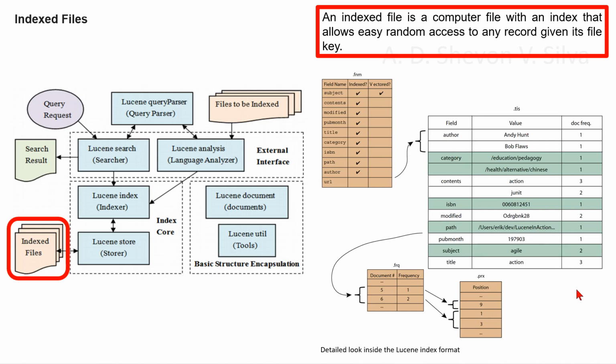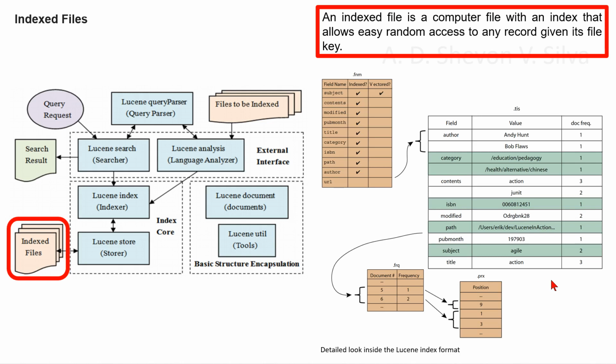Not shown is the .tii file, which is a cross-section of the .tis file designed to be kept in physical memory for random access to the .tis file.